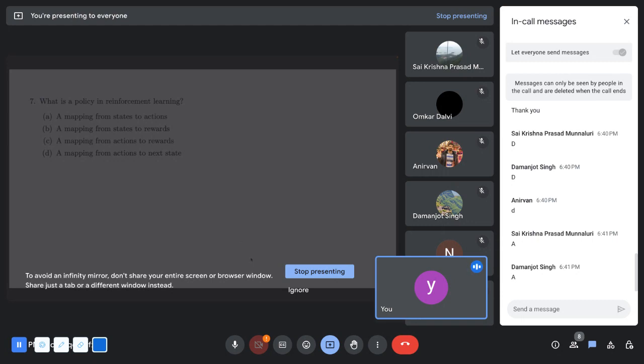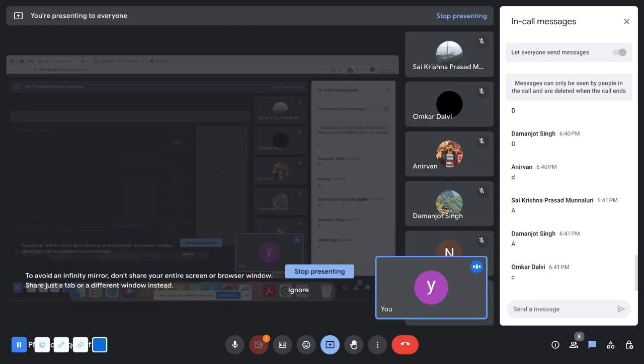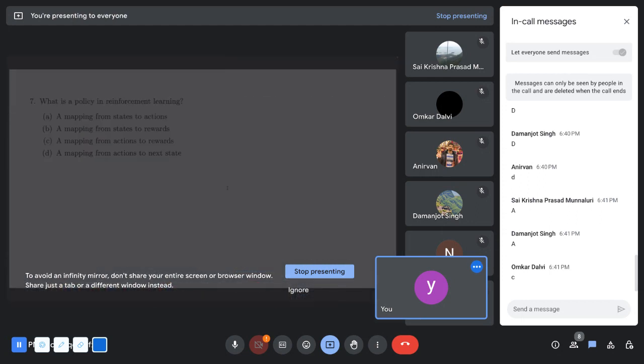The mapping from states to rewards, or state to actions, or action to next state, or what? C. No, no, that's not right. I just explained that in RL, your policy is the mapping from states to actions.